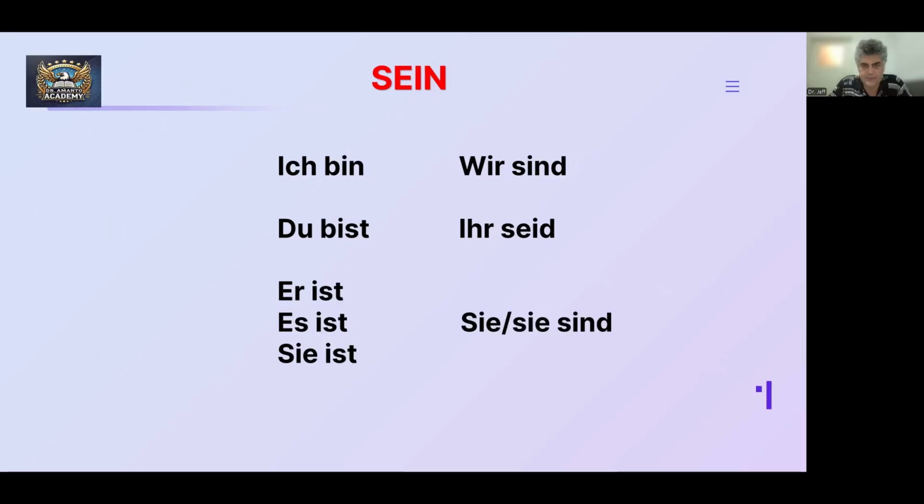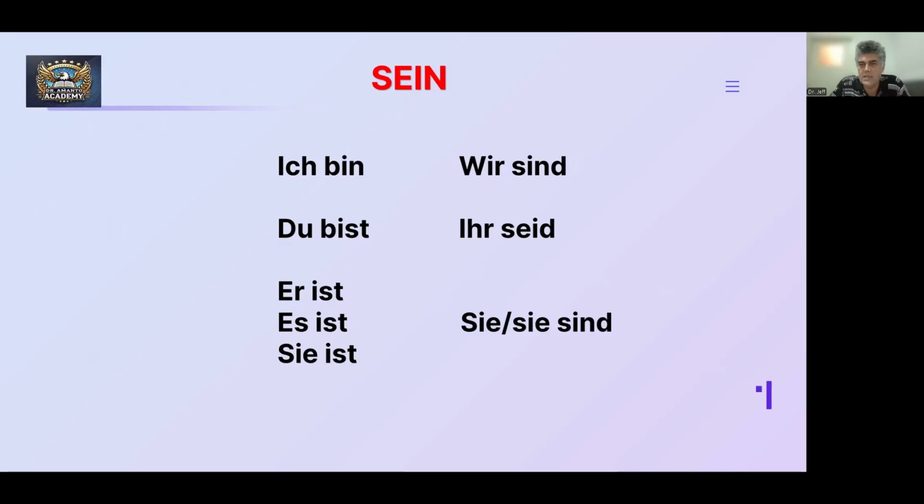Er ist. Es ist. Sie ist. Er ist, he is. Es ist, it is. Sie ist, she is. So ist Johann. Es ist John. Sie ist Anna. Sie sind.